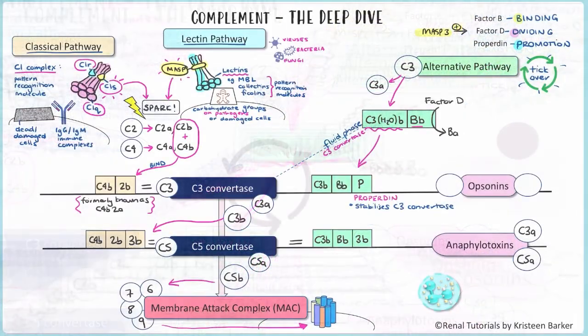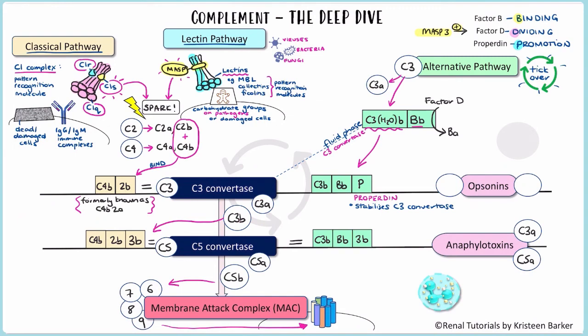And so what becomes clear is the importance of C3b. C3b is a part of the C3 convertase in the alternative pathway, but it's also a key part of C5 convertase in both pathways. And so C3b is a key component of the complement cascade at large, but it also helps to establish a positive feedback loop.